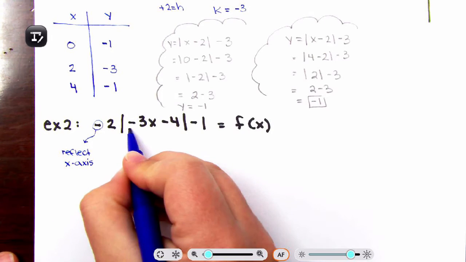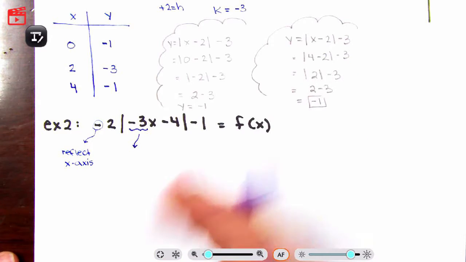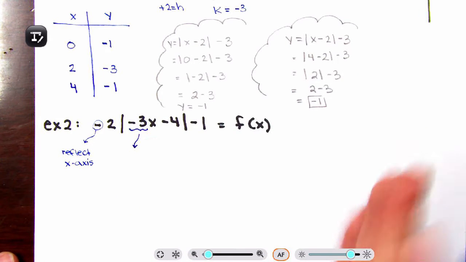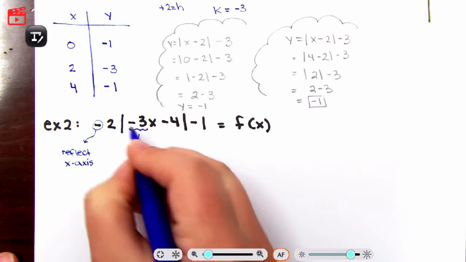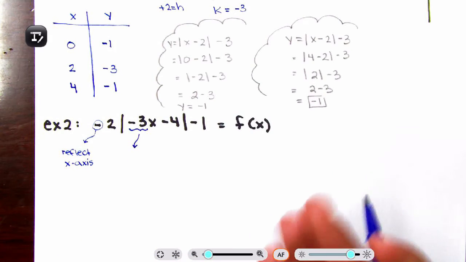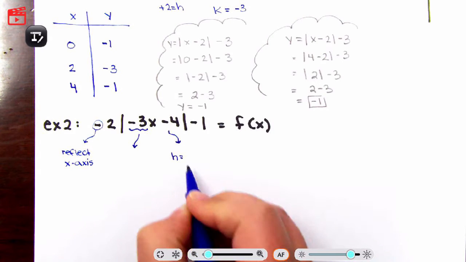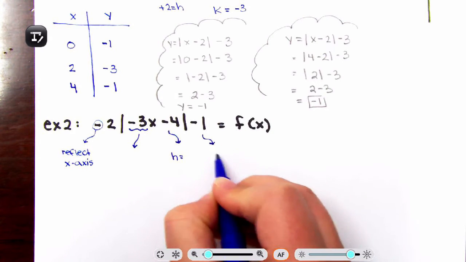Then we have this b value, which again is still a negative, so I'm going to reflect it not only with my x-axis, I'm also going to be reflecting it with my y-axis because I have a negative here. This 3 is our 1 over b, or our b value. Here's our h value, and again, opposite of what I see. And then here is my k value.